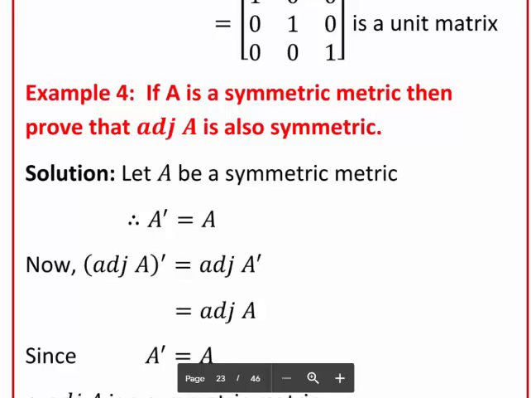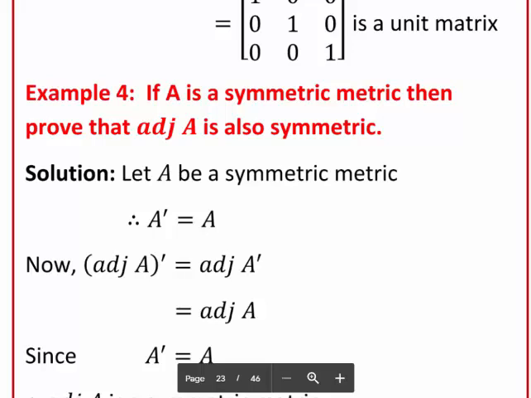Means we have to show it satisfies the condition A transpose is equal to A. Means just replace A by adjoint of A. By the property of symmetric matrix, we have to show adjoint of A transpose, that is equal to adjoint of A. How do we show it?